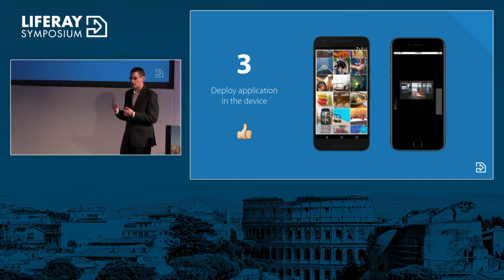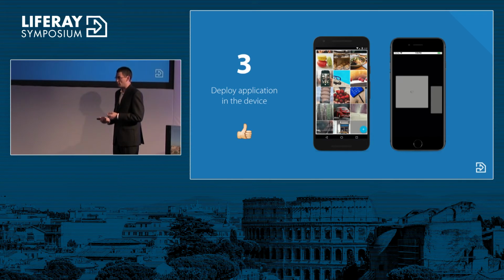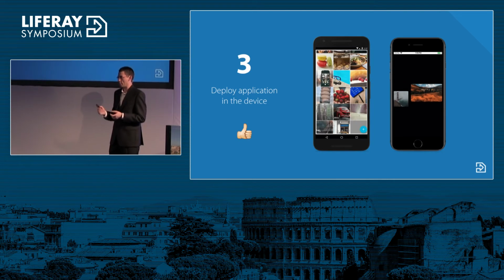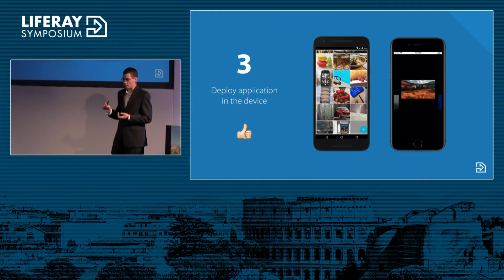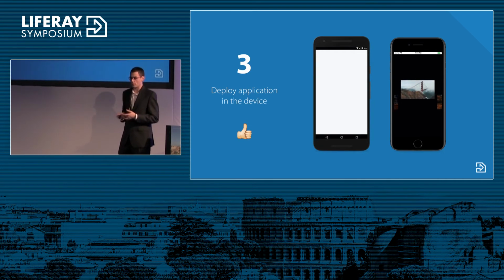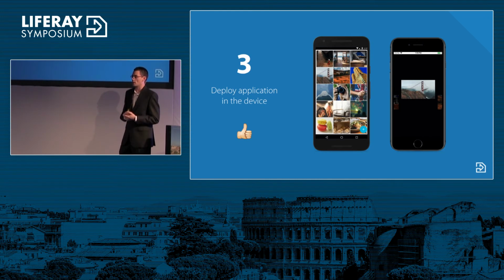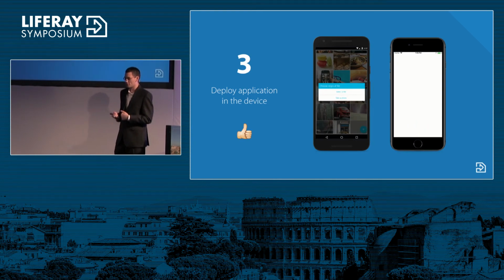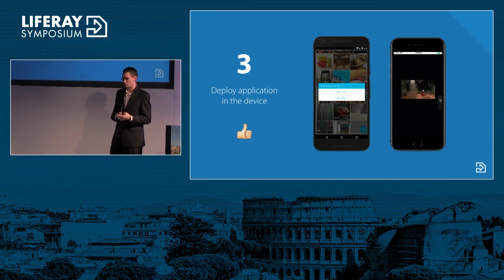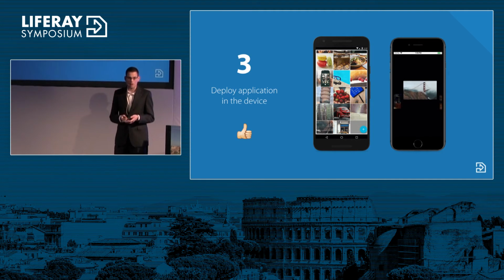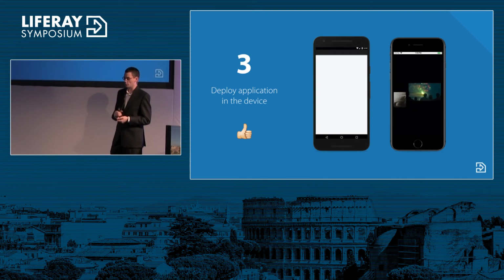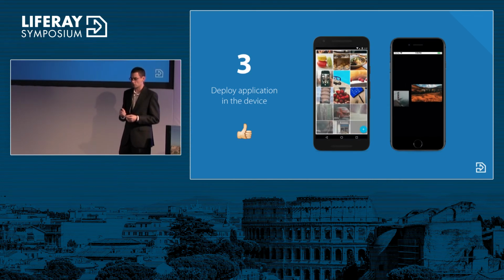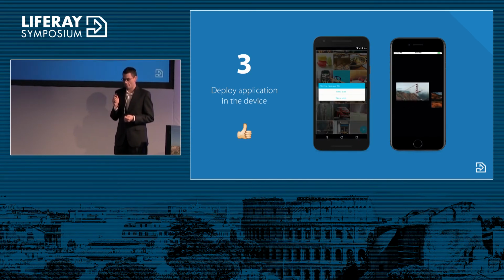With this, we would have a native application in Android and iOS, working with Xamarin, and behind with Liferay Screens, rendering an image gallery without having to do anything else. So that would be really easy to create an image gallery in both platforms. We could also do it in Windows Phone if we wanted, and we can upload new pictures, see the pictures, see a detail, see the metadata, etc. So it's a really easy integration.